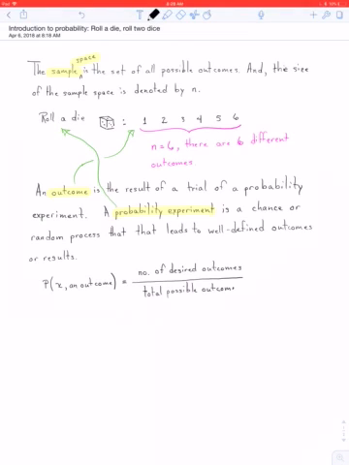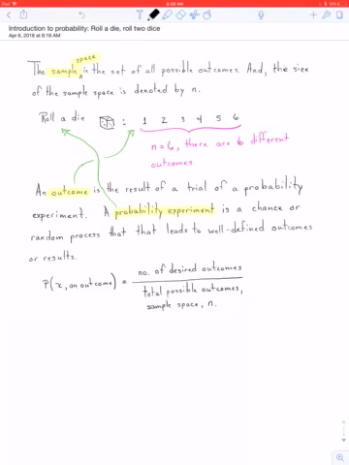And notice that we already defined the total possible outcomes. That's just our sample space, and we would just say n.